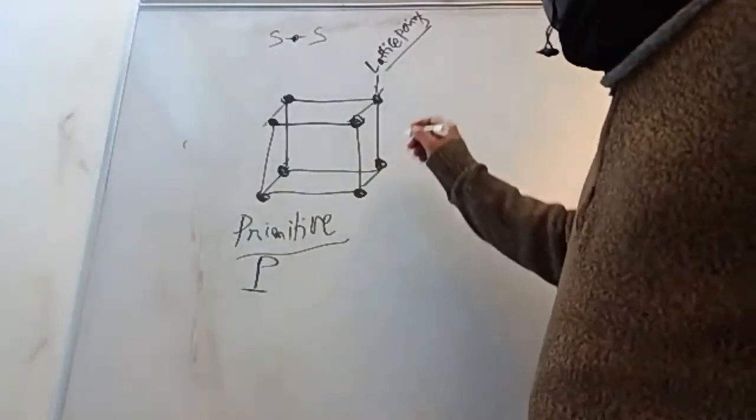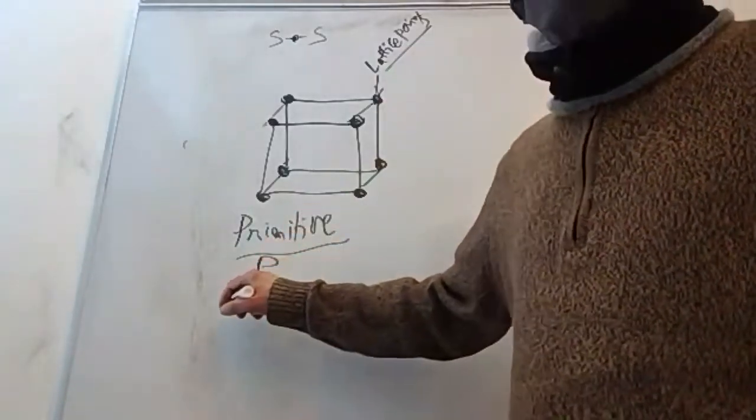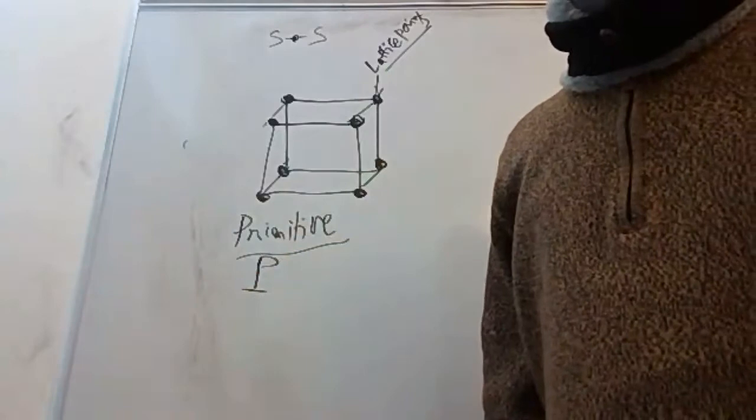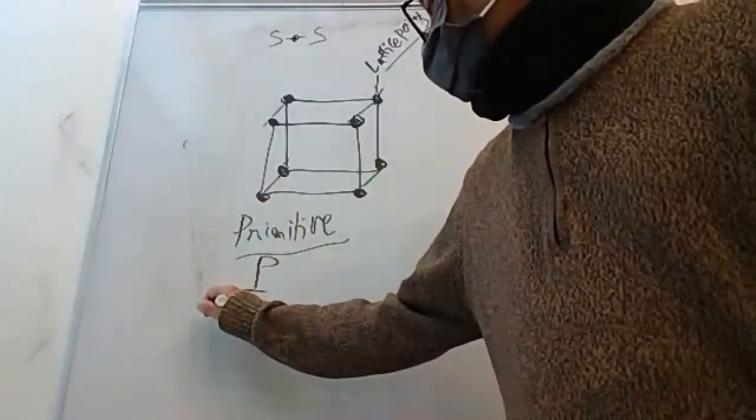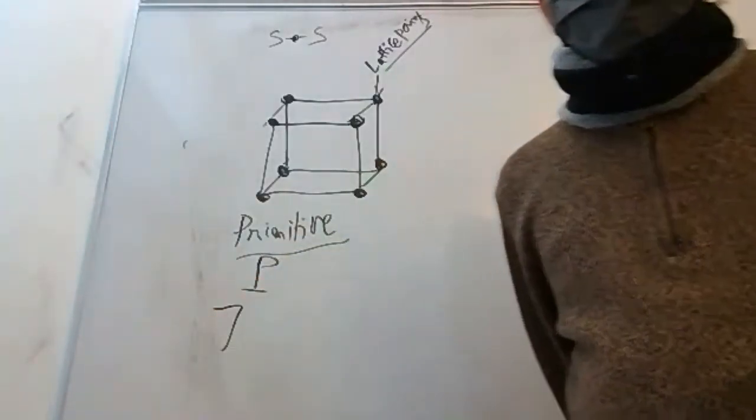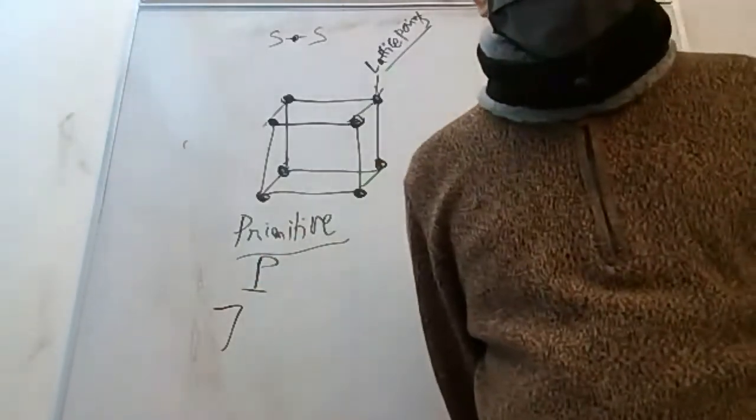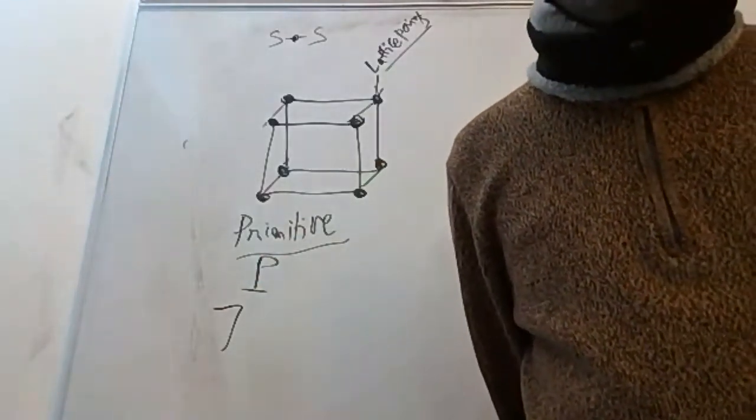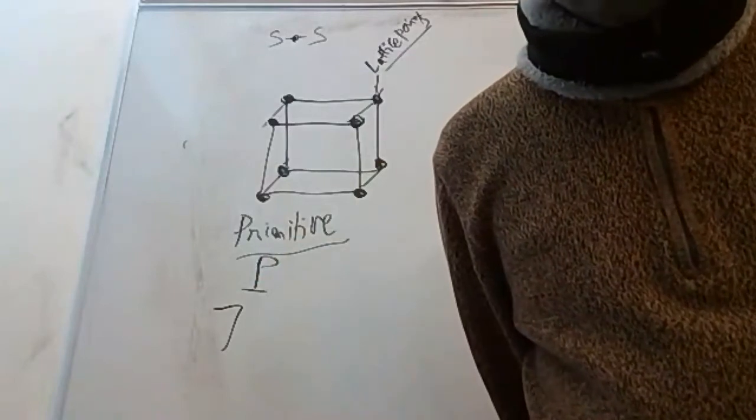The primitive cells are possible in all 7 crystallographic systems we said. That is cubic, tetragonal, orthorhombic, monoclinic, triclinic, rhombohedral, hexagonal. All 7 systems can have primitive.